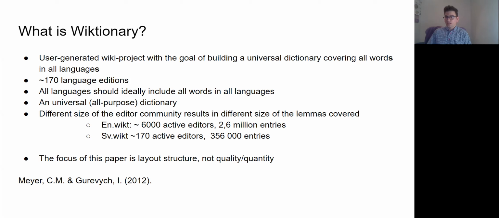As such, English Wiktionary has some 6,000 active editors and 2.6 million lexical entries distributed across thousands of languages, whereas Swedish Wiktionary only has 170 active editors, resulting in 356,000 entries.